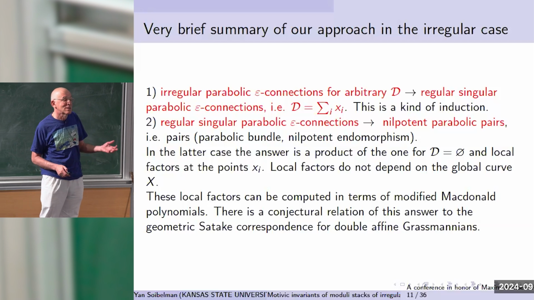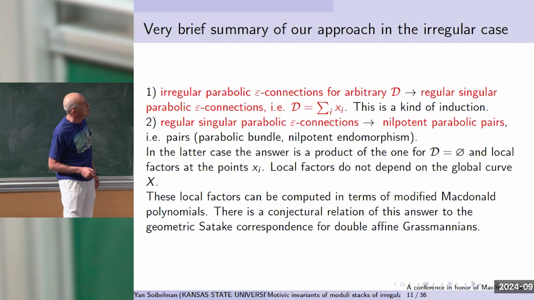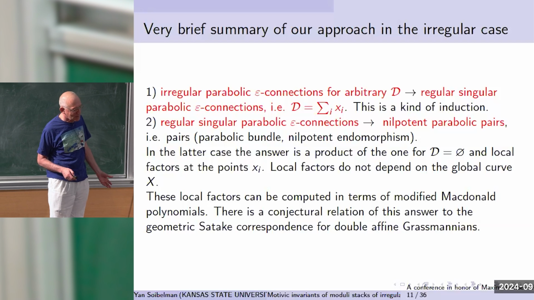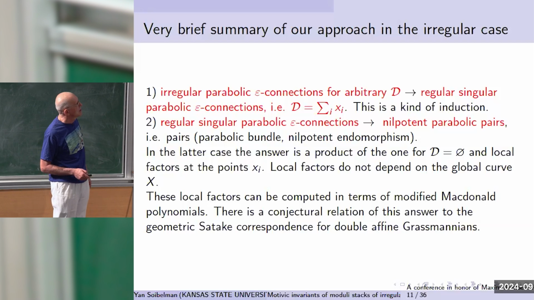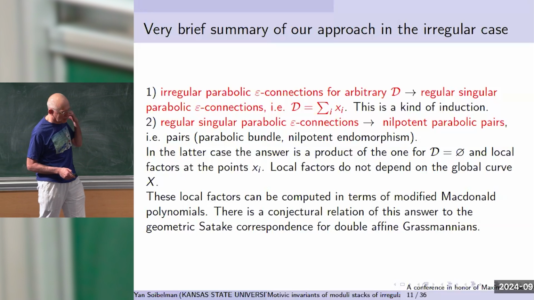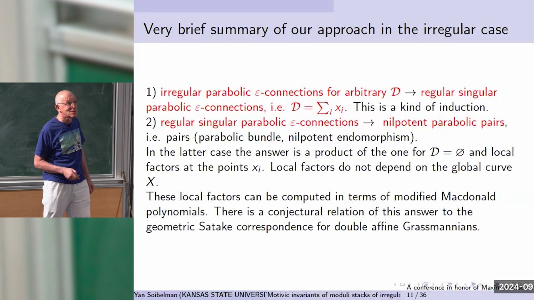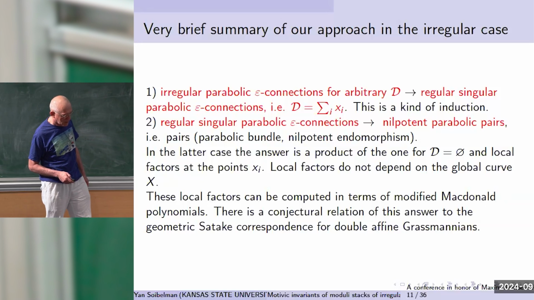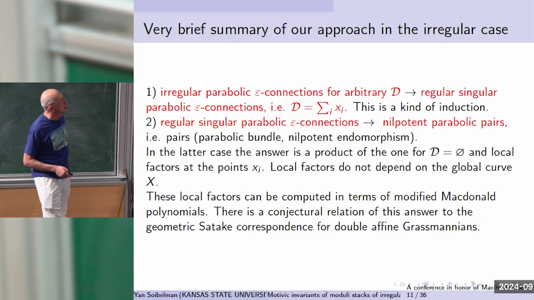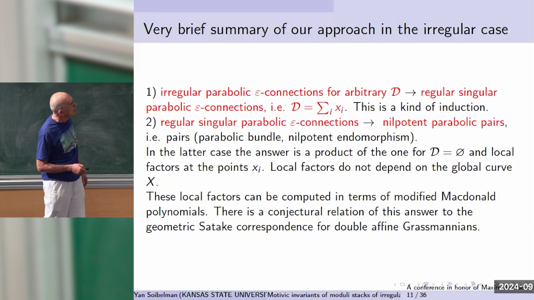They basically depend, if you like, on the formal neighborhood of a marked point on the curve. So these local factors can be computed in different ways, and there is a nice, conjectural relation of this local answer to the geometric Satake for double affine Grassmannians and some work of Braverman, Kazhdan, and Patnaik on p-adic Hecke algebras. All right.